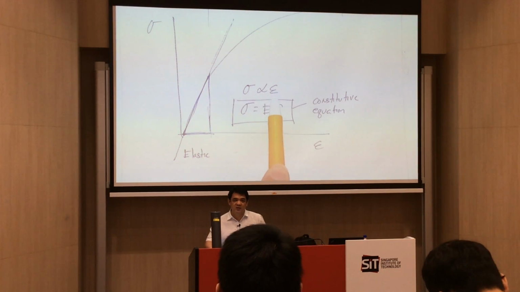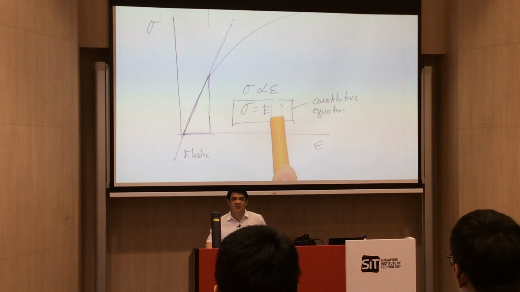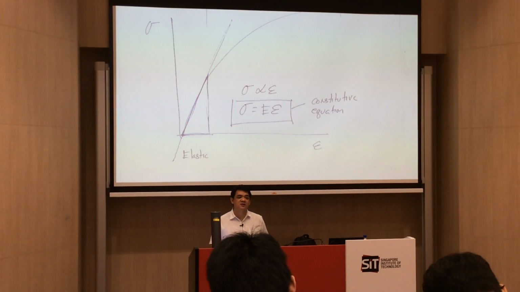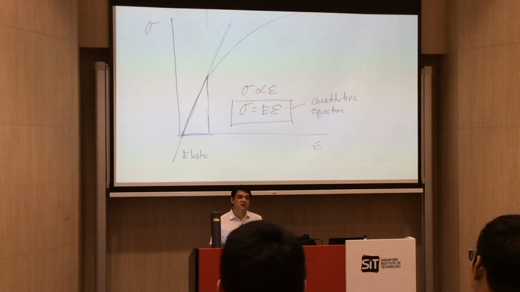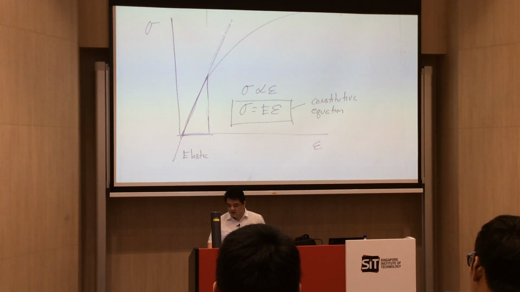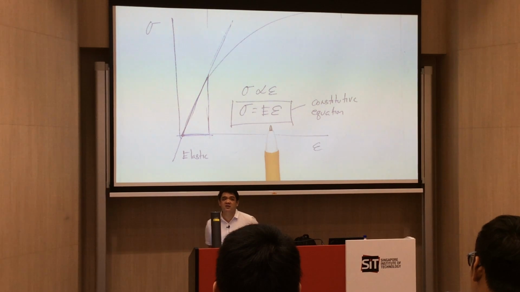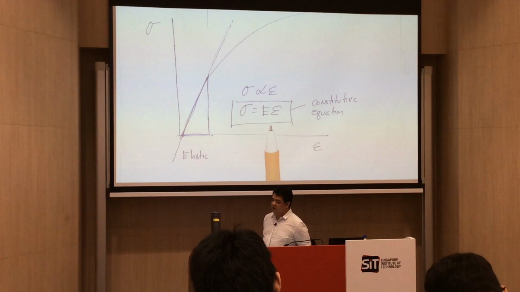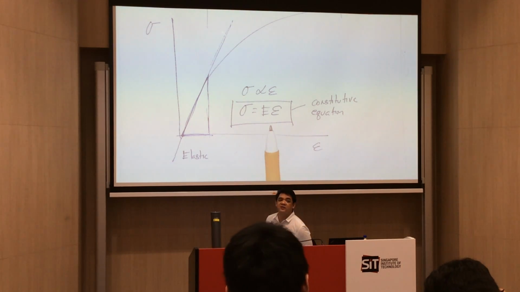To be able to equate it, you need a proportionality constant, and that proportionality constant is actually Young's modulus. And this is, of course, Hooke's law, or your constitutive equation. Stress equals your modulus multiplied by your strain.